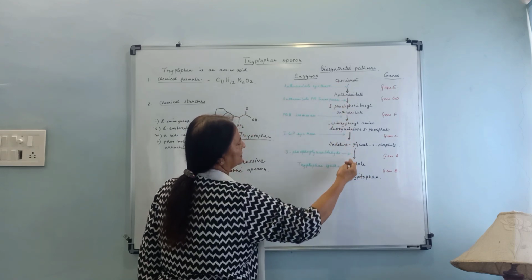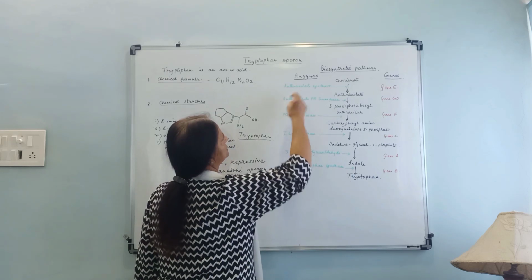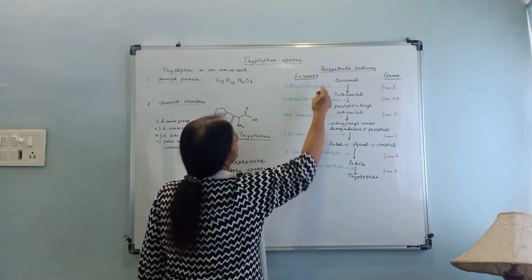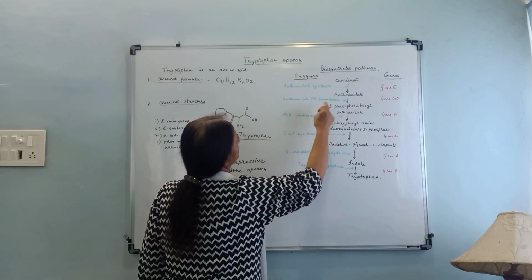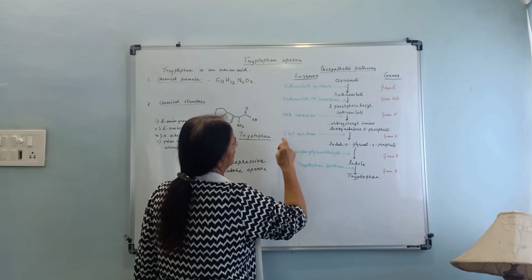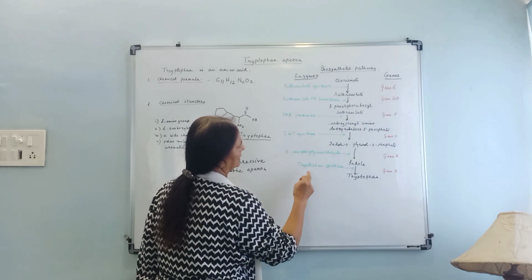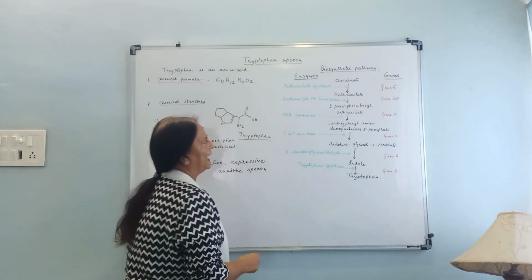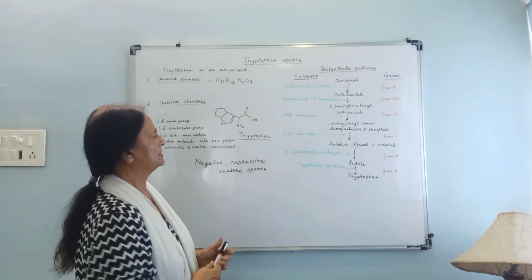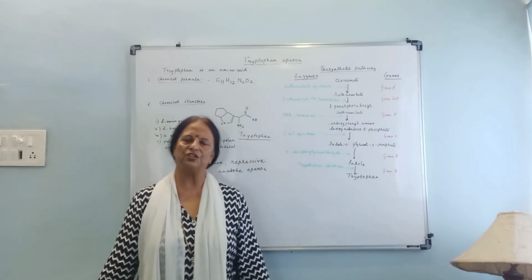All these stages are catalyzed by enzymes such as anthranilate synthase, anthranilate PR transferase, PRA isomerase, IGP synthase, and tryptophan synthase. These enzymes are encoded by the genes A, B, C, D, E.